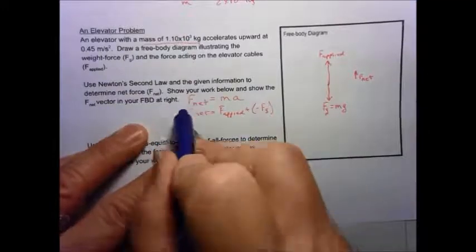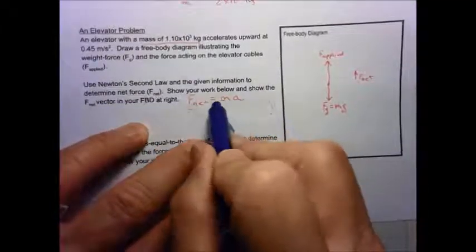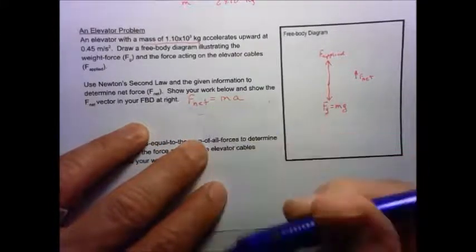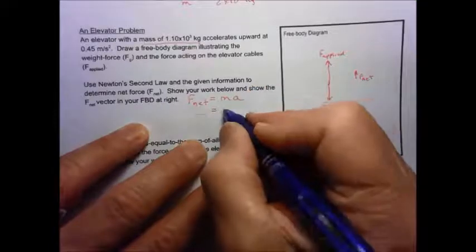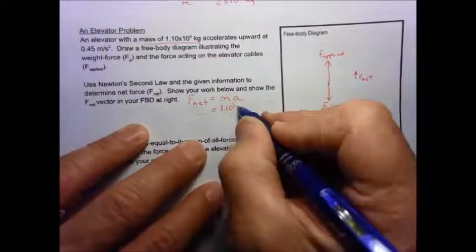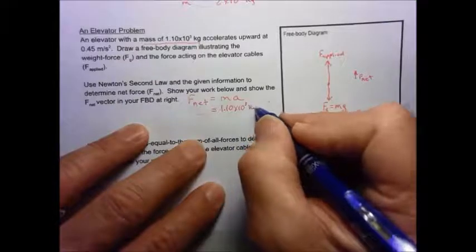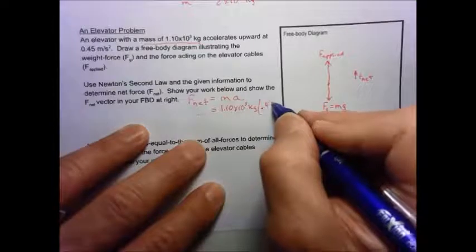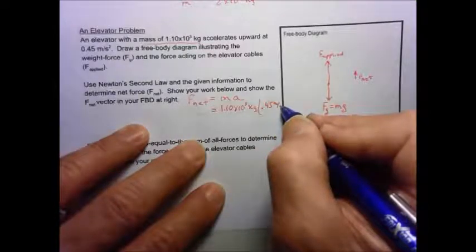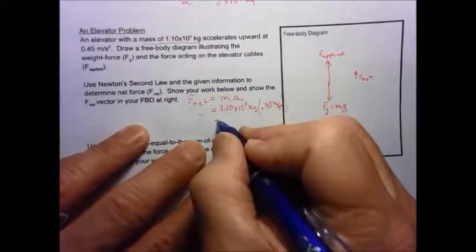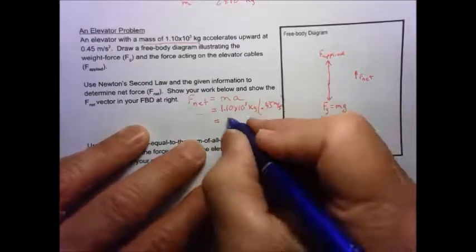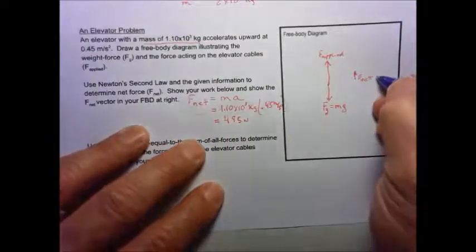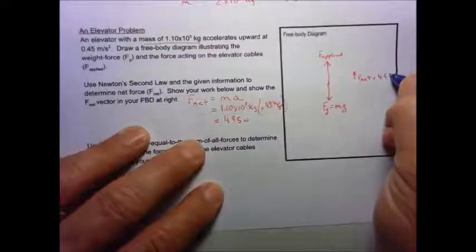So we needed this first equation. F net is equal to the mass, 1.10 times 10 to the 3 kilograms, times the acceleration, 0.45 meters per second squared, and that is going to equal 495 newtons.